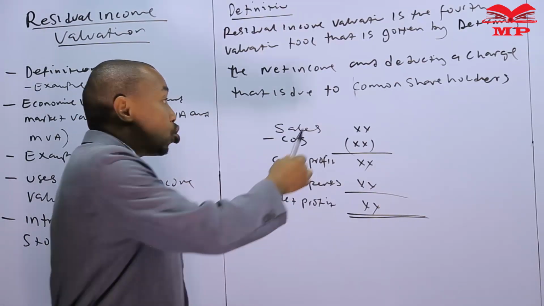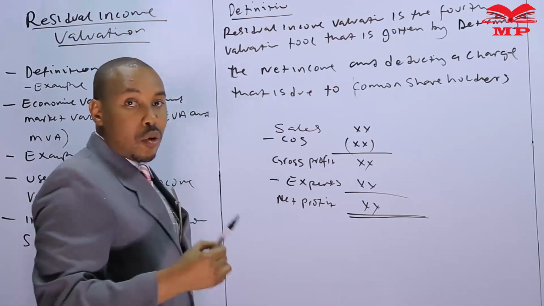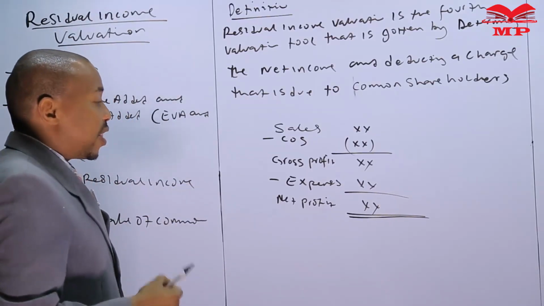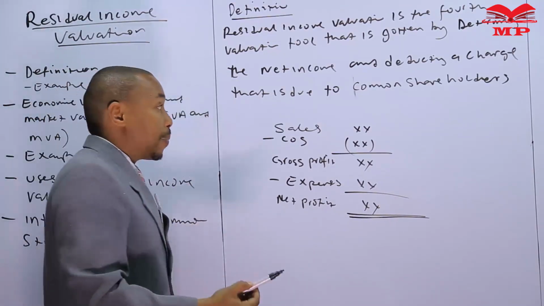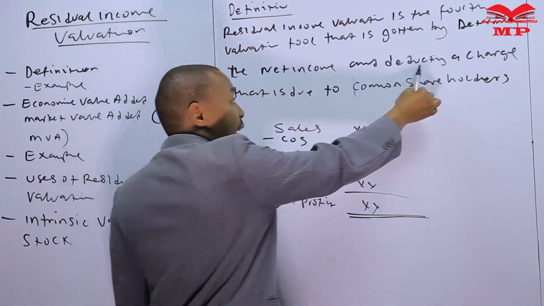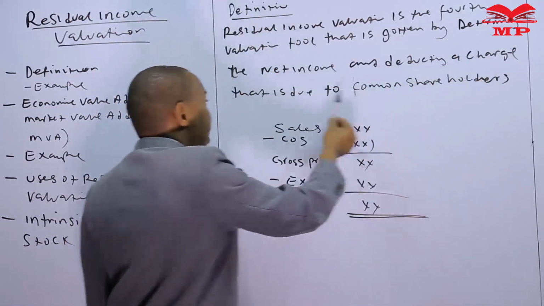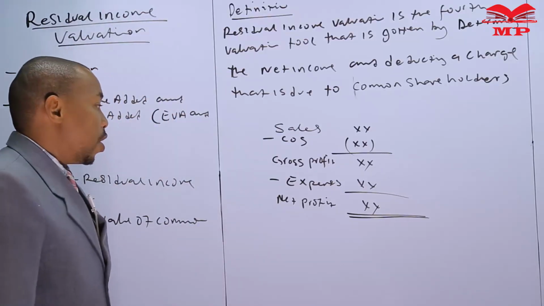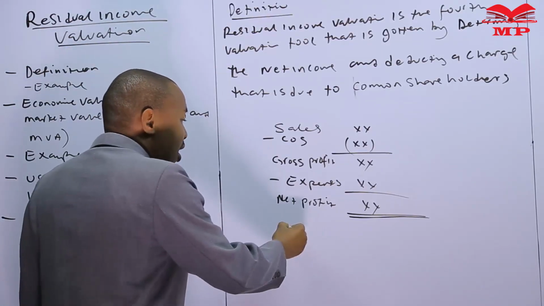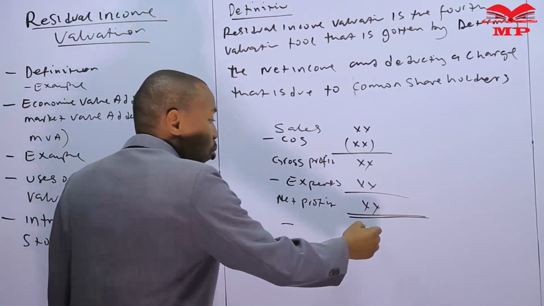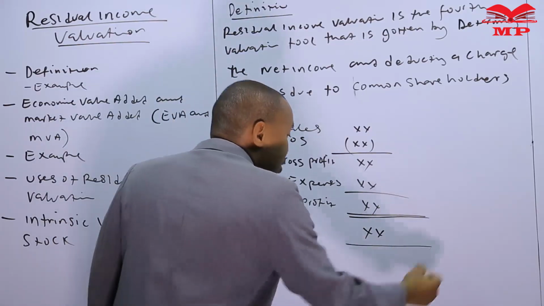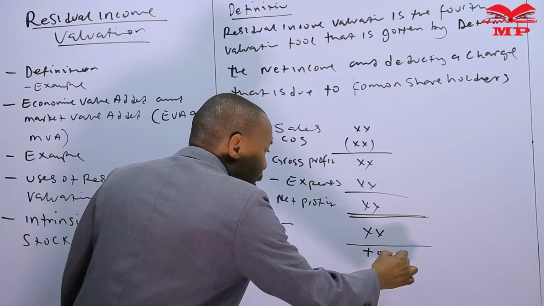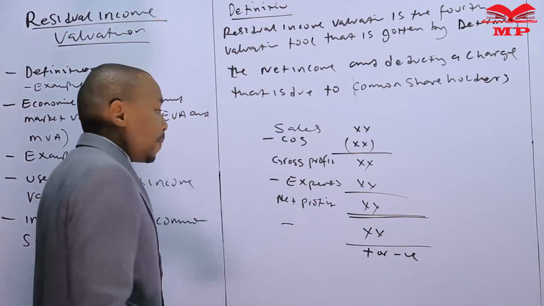Taking it forward from the investments and financial analyst perspective, we try to provide a compensation that is due to common shareholders, because the common shareholders have actually provided funding to the organization, so they need to be compensated. That is what we mean by deducting a charge that is due to common shareholders. We then see whether the value will be positive or negative.